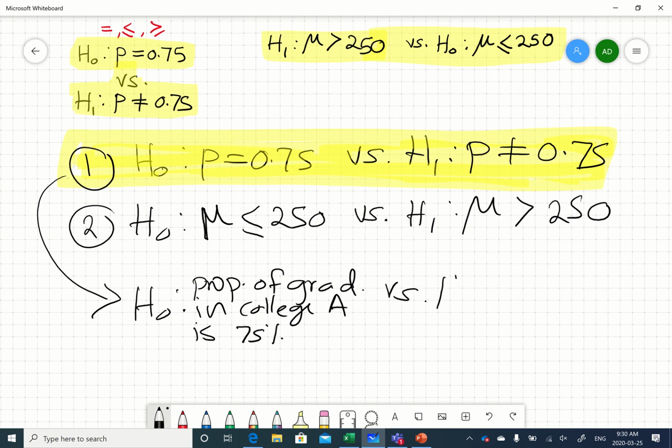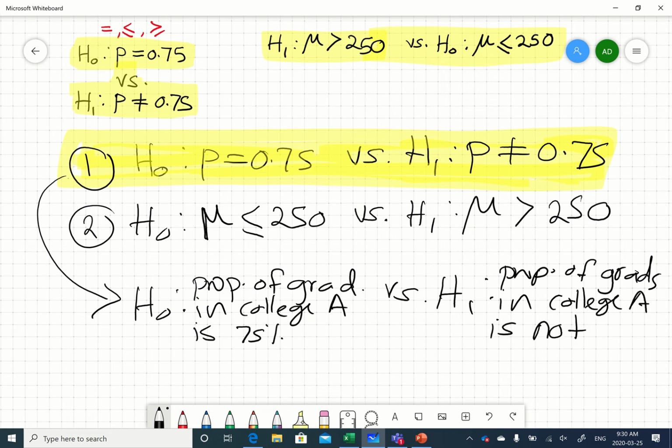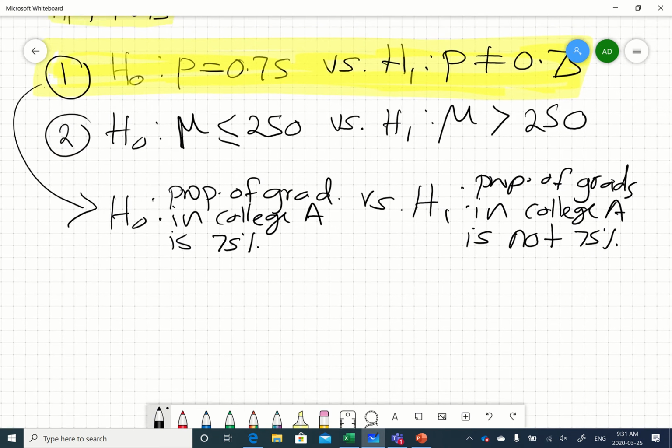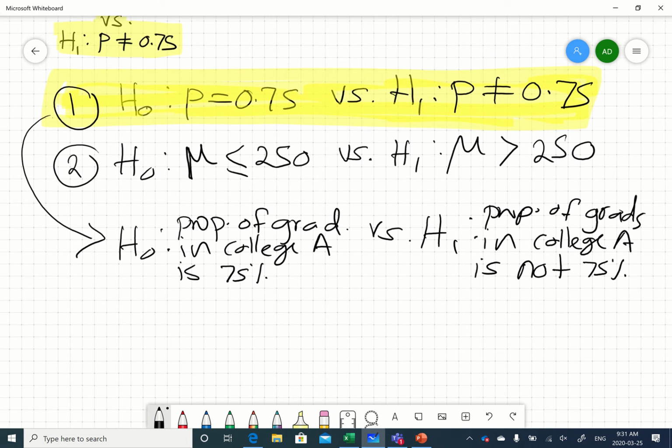Versus, your alternative is the proportion of grads in college A is not 75%. So either way is fine. Whether you like the notations or you don't like the notations, it doesn't matter. You can build the null and the alternative either way.